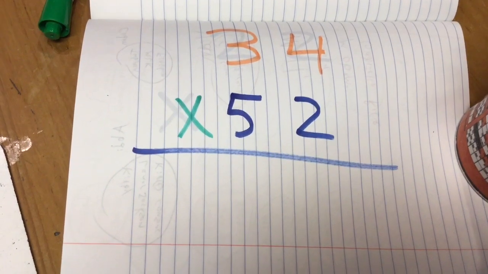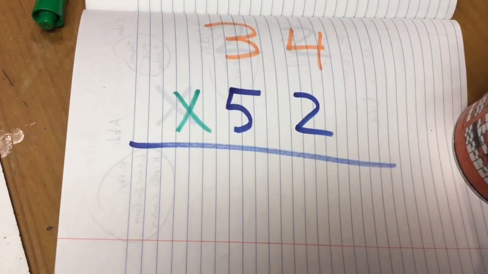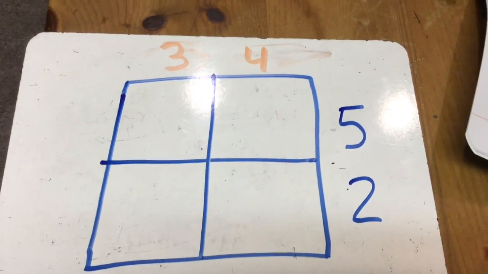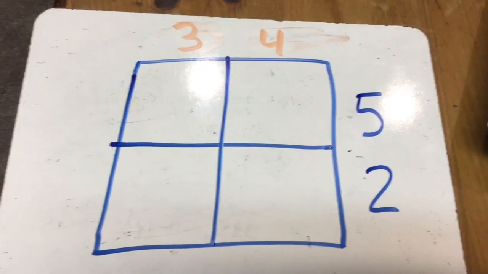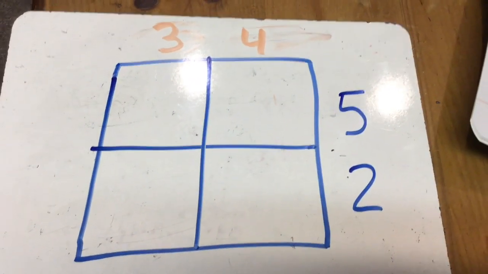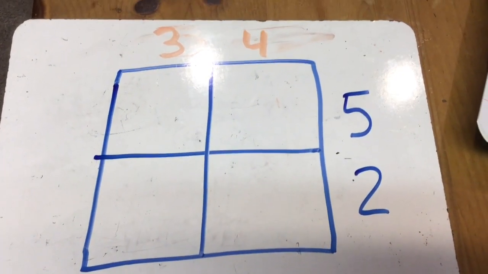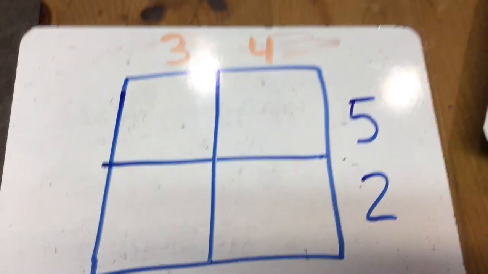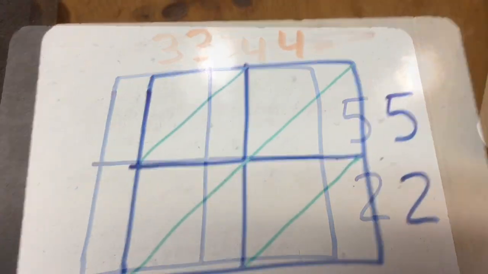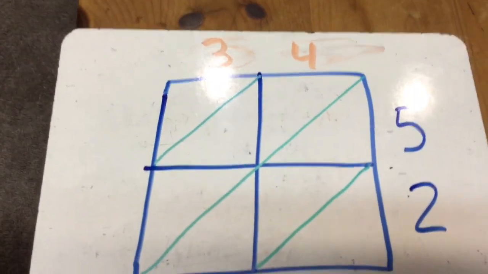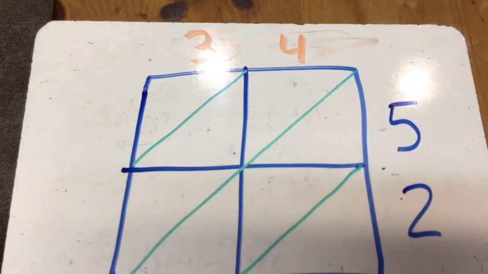Okay, those are the numbers, so that's what I'm going to put down on my lattice. Back to my window, 34 on top, 52 on the side. Make yours look like mine. Got it? Good. Next step. Notice what I just added: a green diagonal line.